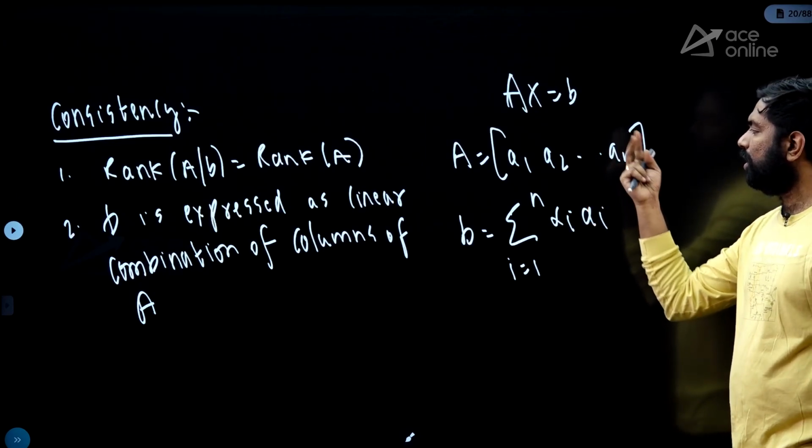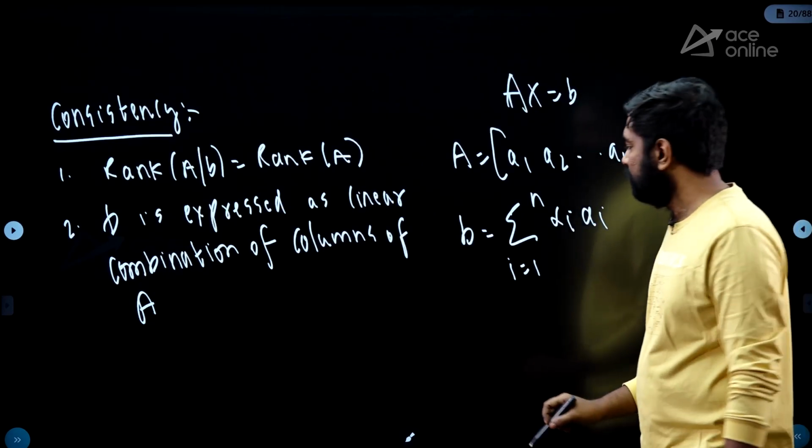You take the linear combination and you are getting B. The system is always consistent.